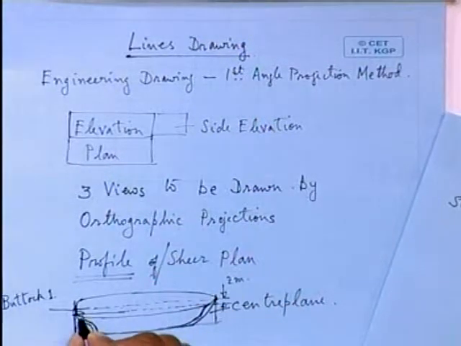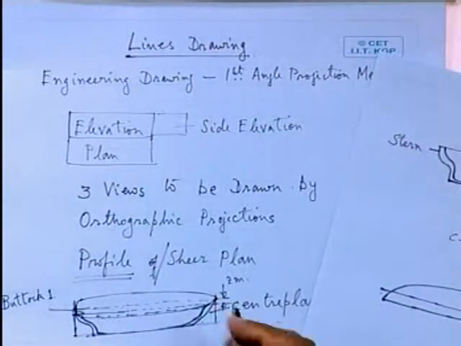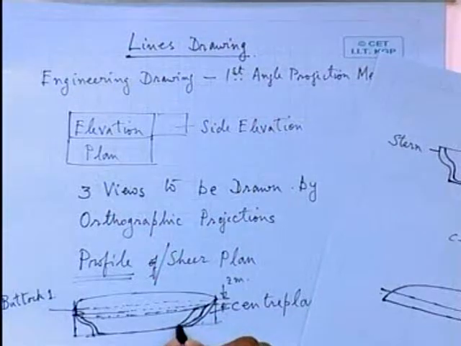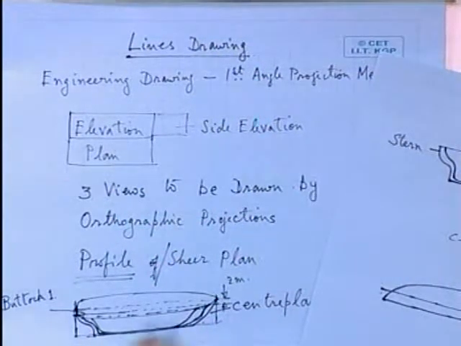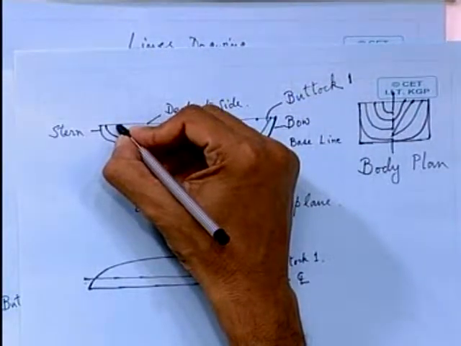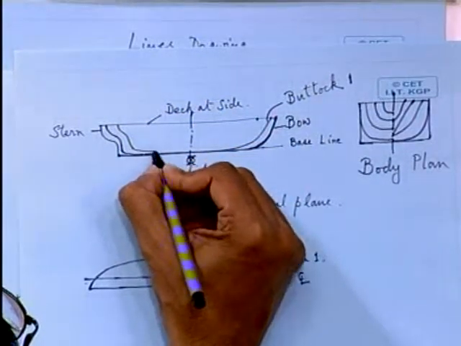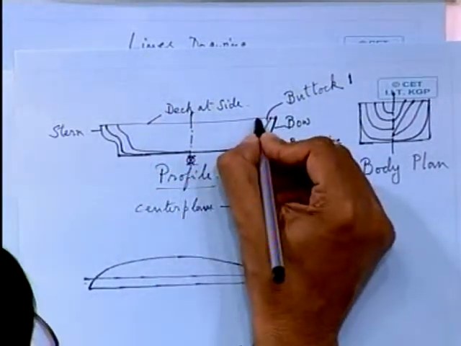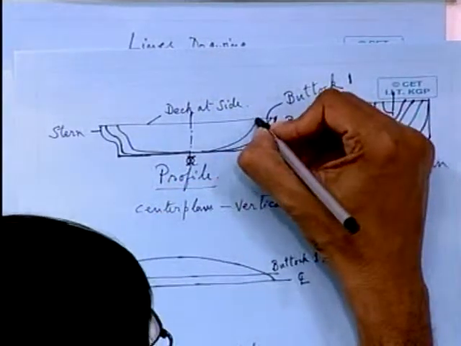Similarly, you make another intersection with another vertical plane, then you have buttock number 3. Sorry, this will be buttock number 2 rather.